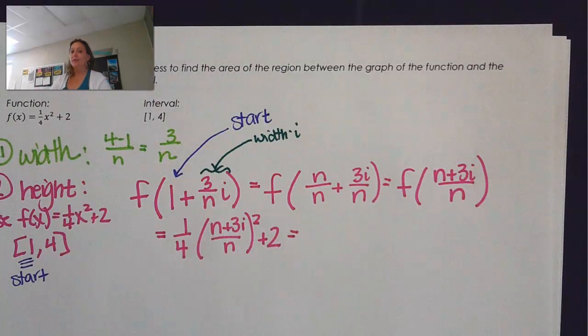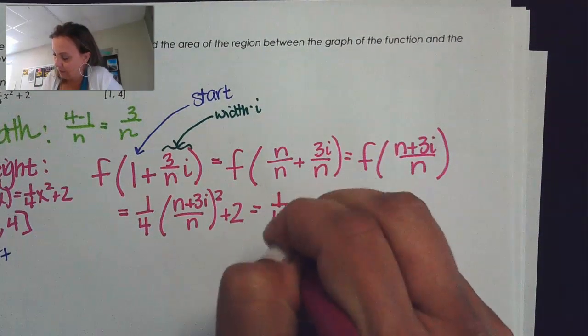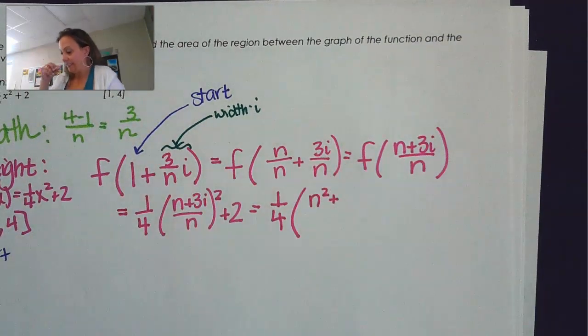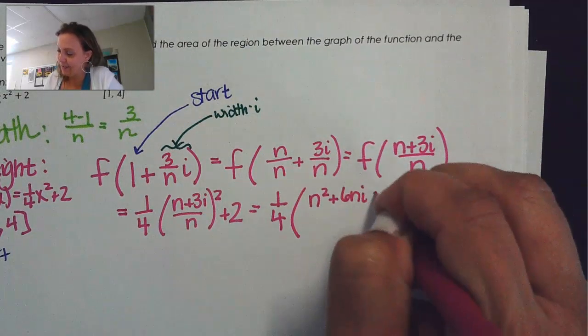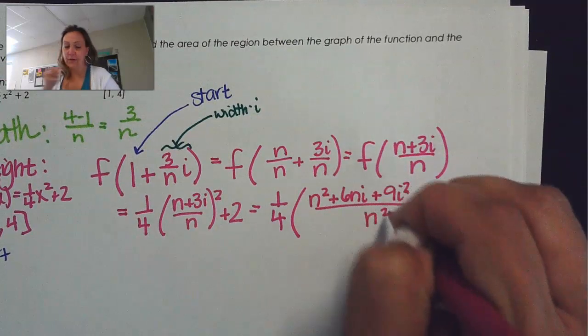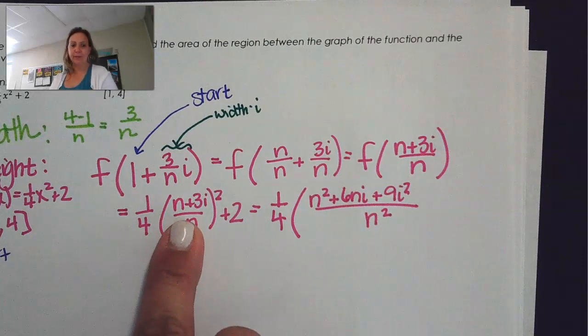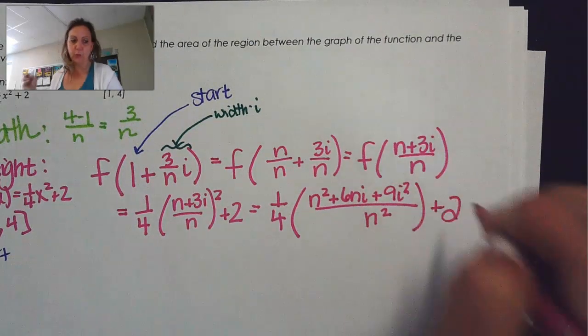Okay, so now we just do algebra. So this ends up being (n squared plus 6ni plus 9i squared) over n squared. So again, just using the square of the binomial. And then we have plus 2.